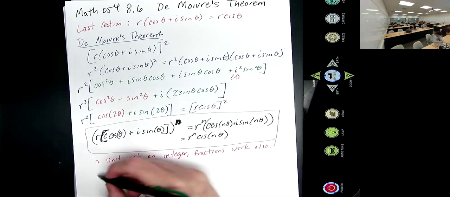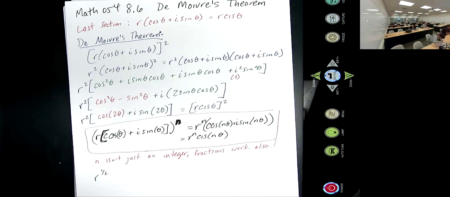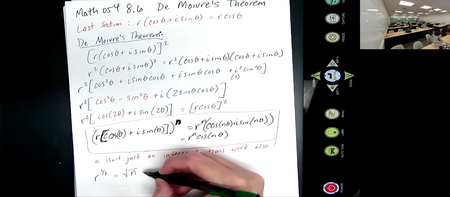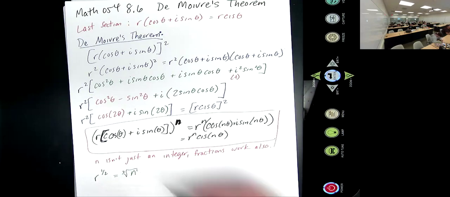If we had R to the 1/2, does anyone remember what a 1/2 means in terms of an exponent? Yes, this is the square root, like putting a 2 out here and a 1 there.